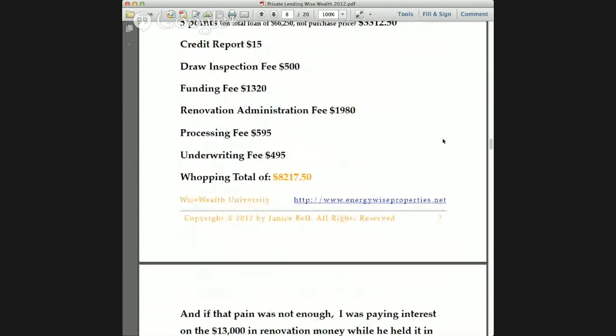There's a processing fee for the loan, like any lender would have, an underwriting fee for the loan, like any other lender would have. But the other fees are really something that you don't see. Those 3 fees in the middle, between the credit report and the processing fee, are things you don't see on a normal loan.